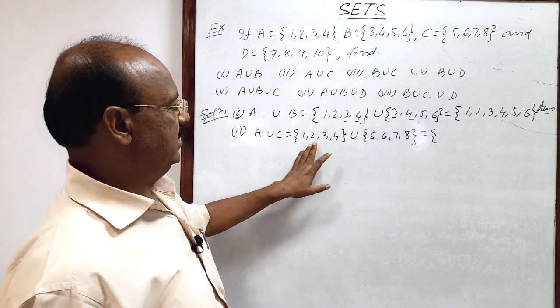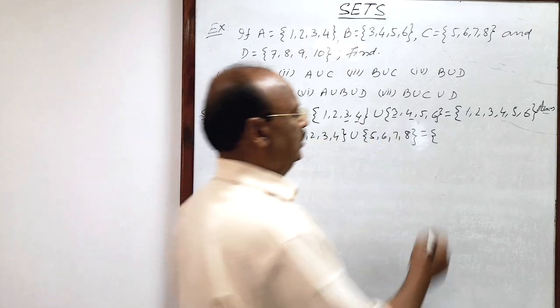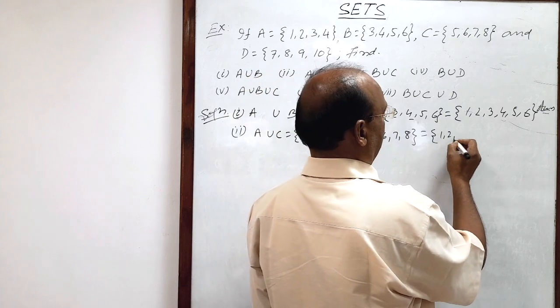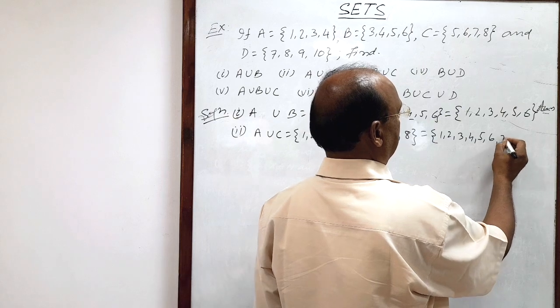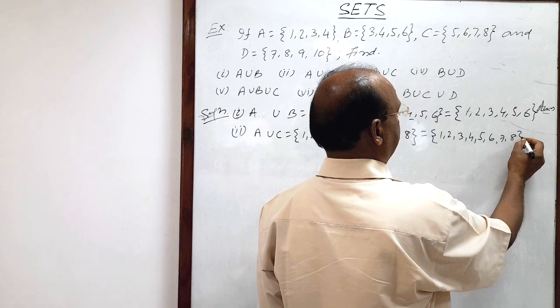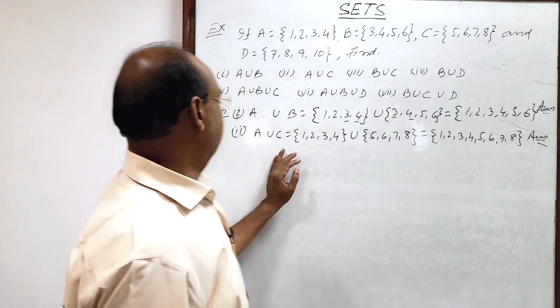Here in this set we have 1, 2, 3, 4, and here 5, 6, 7, 8. So 1, 2, 3, 4, 5, 6, 7 and 8. This is union of two sets A and C.